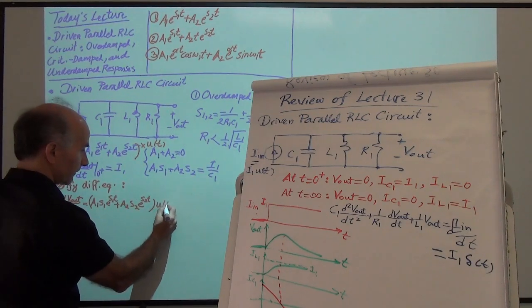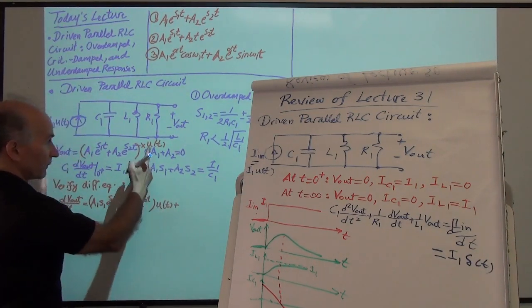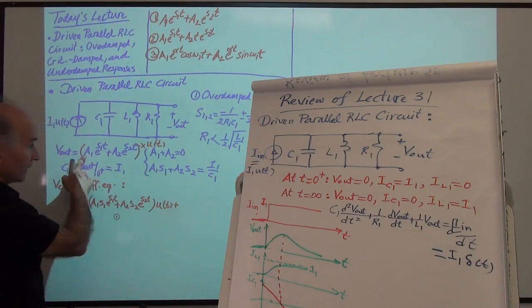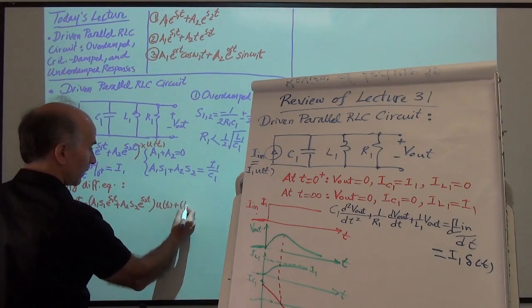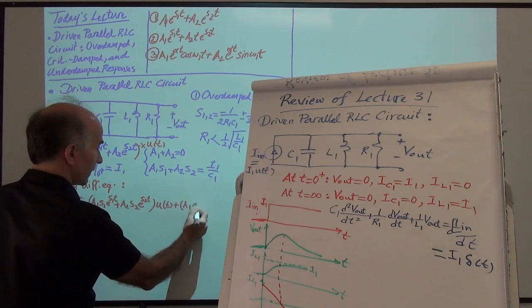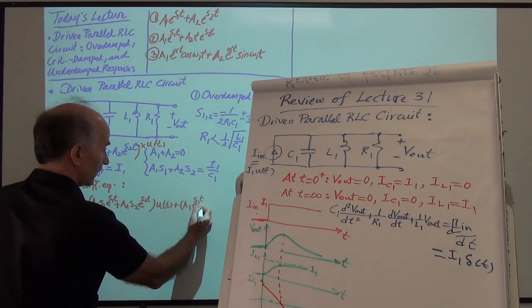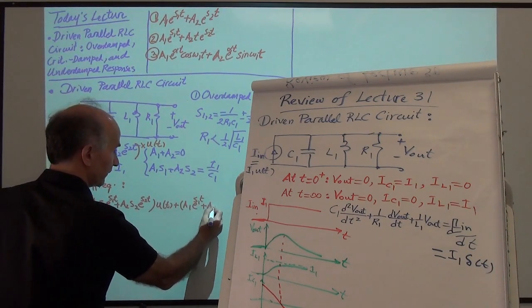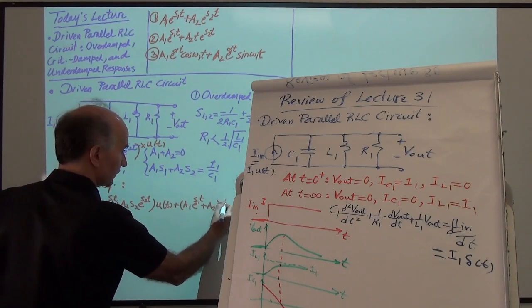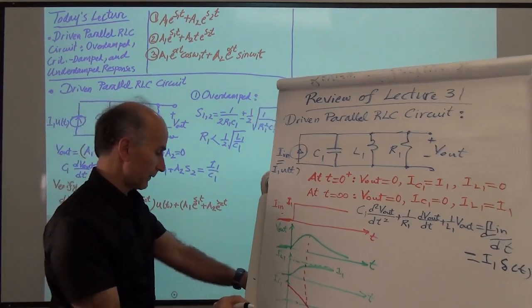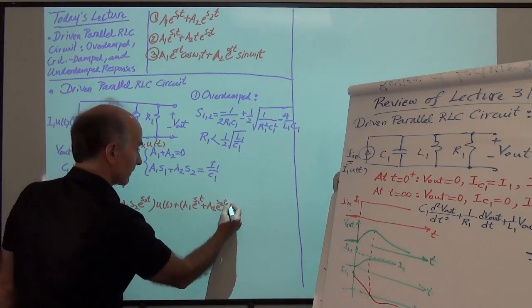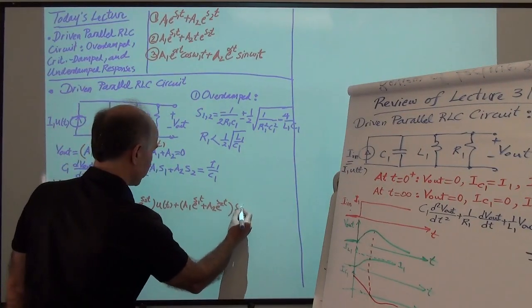So far so good. And then we have the derivative of this, delta of t, times this. So we have A1 e to the S1t plus A2 e to the S2t, times delta of t.